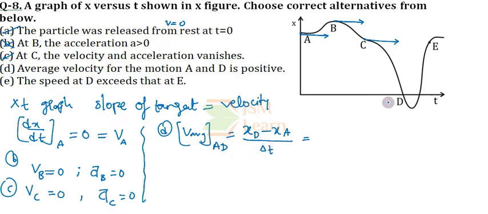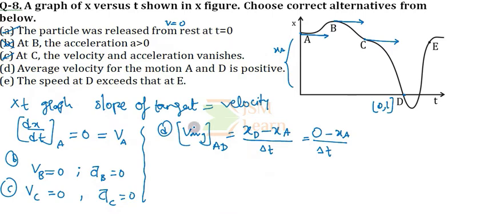Since point D lies on the time axis, the displacement at point D is 0. So we get 0 minus x_A by delta t. We can also see that point A lies in the upward direction, so x_A, whatever magnitude you get, is always positive.